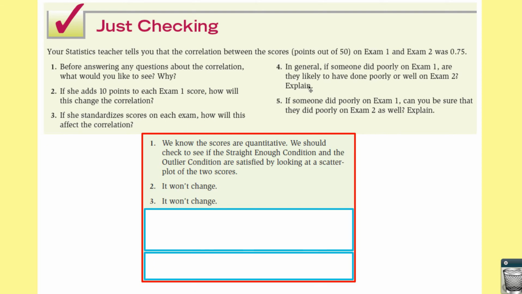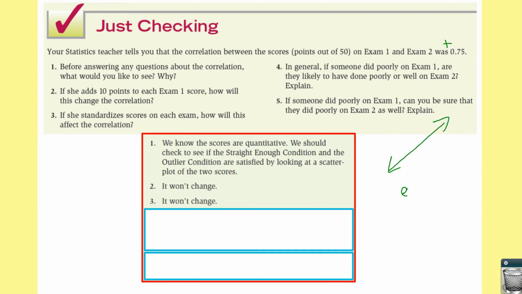Number 4, if someone did poorly on exam 1, are they likely to have done poorly or well on exam 2? Well, the correlation coefficient is 0.75. So that's telling us direction. Think of that like slope. This is a positive relationship, so I know it's going to be like a positive line.